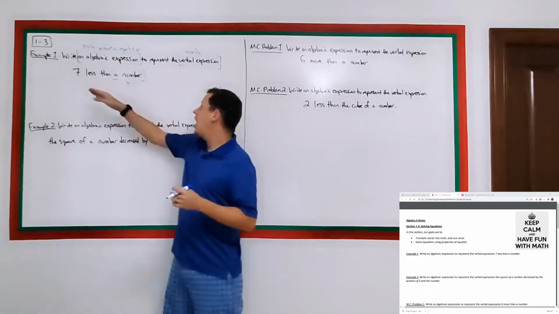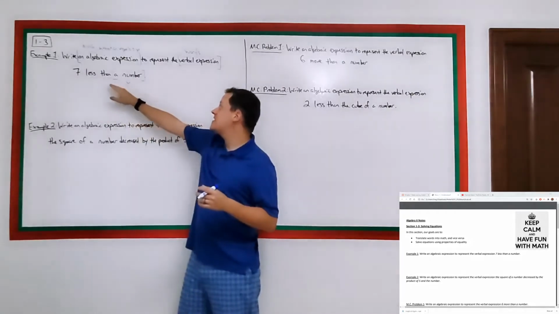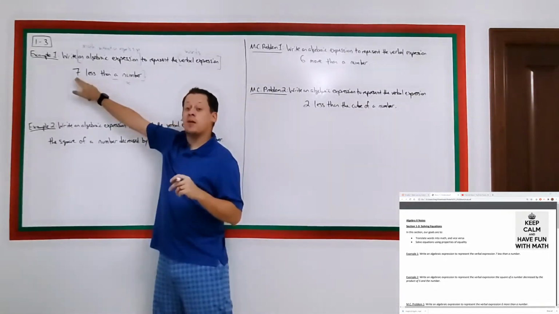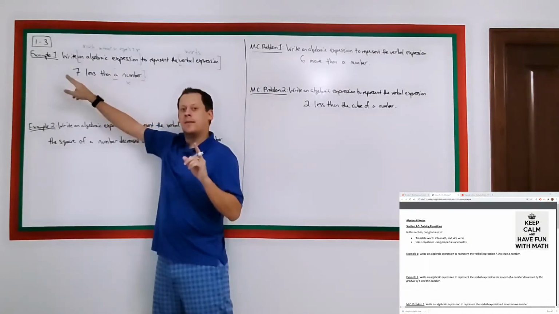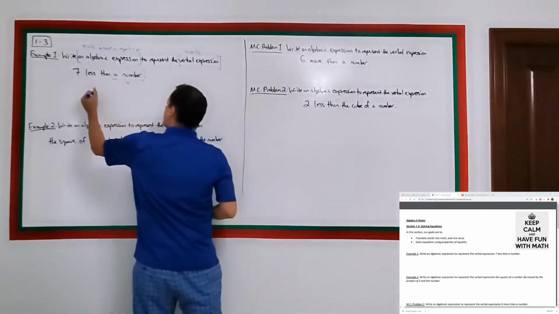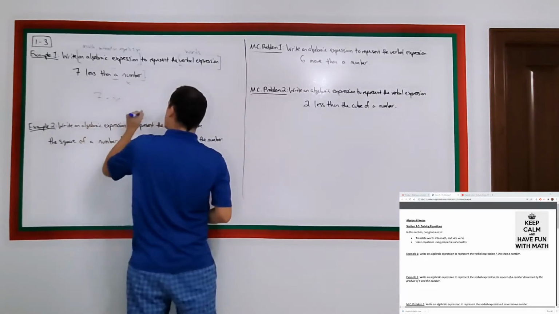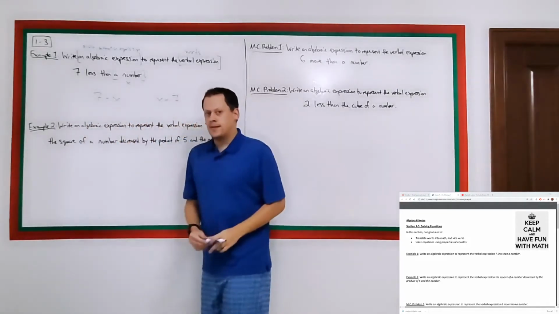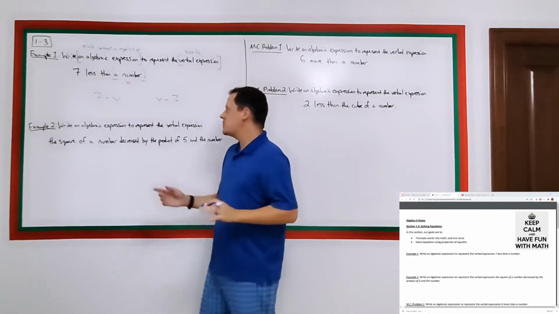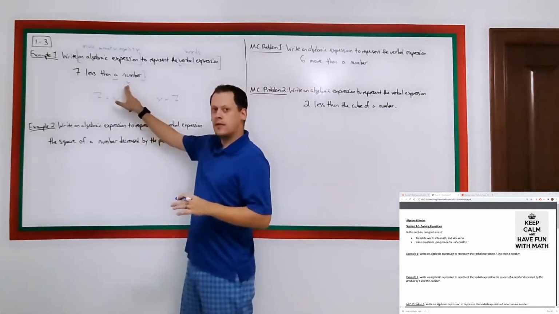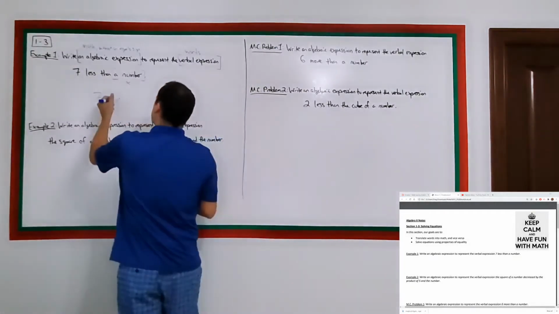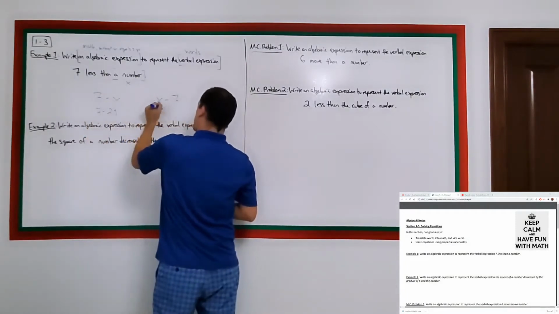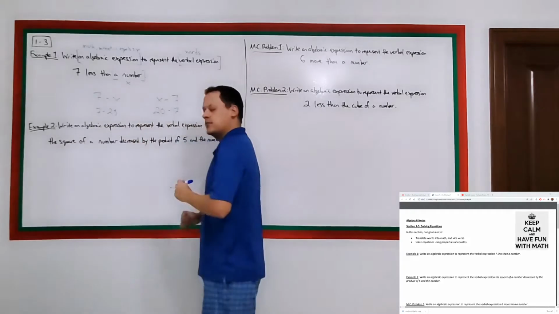Interesting. I know in this verbal expression, 7 comes first. But we're trying to figure out if this is 7 minus x or x minus 7. Let's replace x with a number, like 20. So this would be 7 minus 20, and this is 20 minus 7.